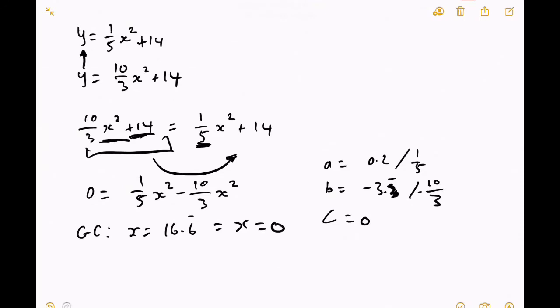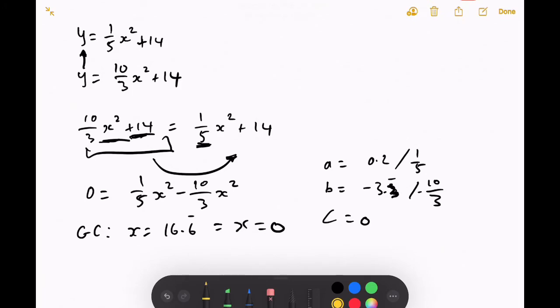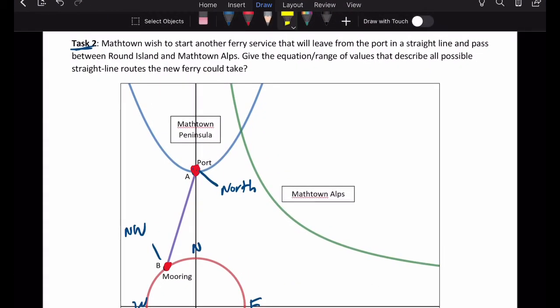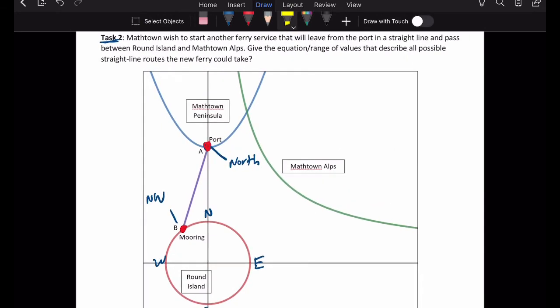Now, x would equal to 0 because you can assume that this line here x equal to 0. Therefore, this point is going to be the y-intercept.